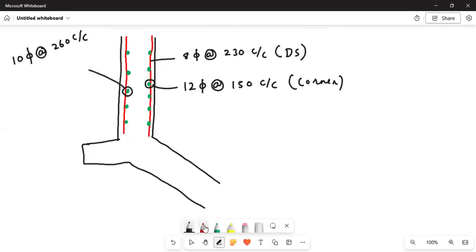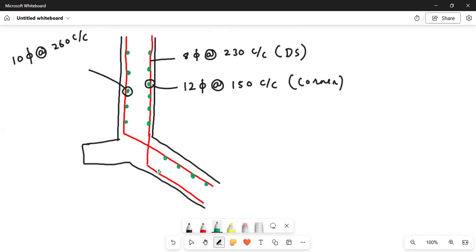So this part will continue like this, and this part will come at the bottom, and it will go like this. Here also the horizontal reinforcement here is for the negative bending moment.